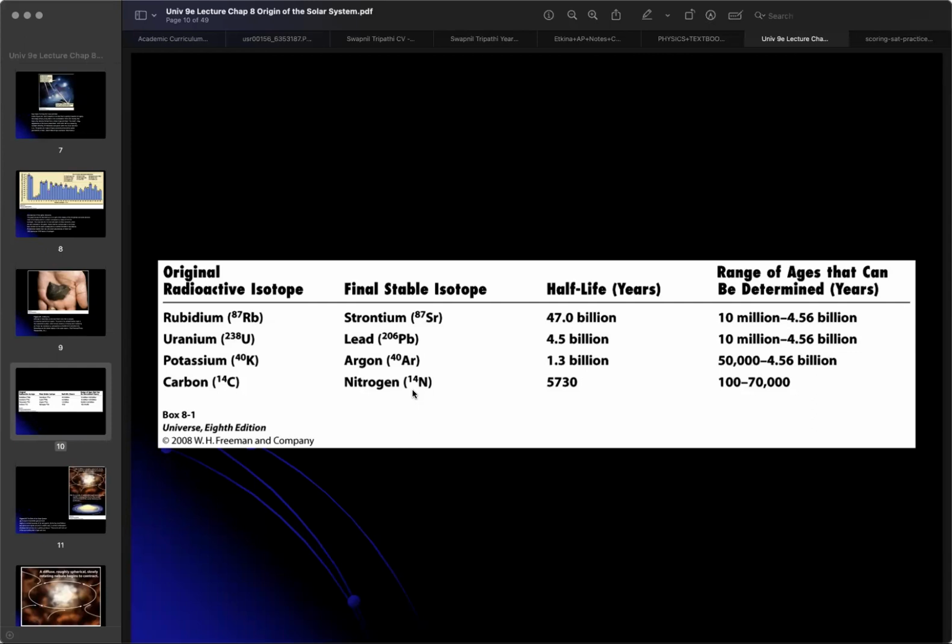But when it comes to archaeology of the solar system, these other elements like rubidium and uranium are helpful. They can help us find the age of things as old as 10 million to 4.56 billion years old.